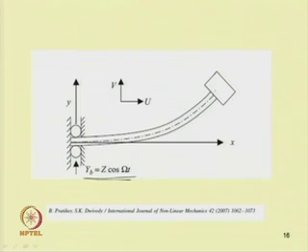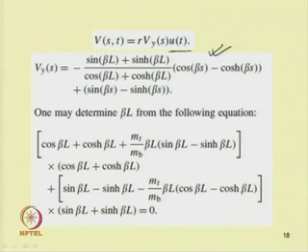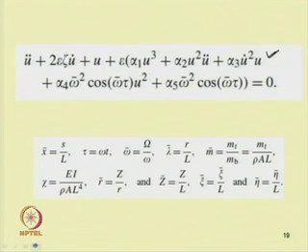As a tip mass is there, one can consider the shape function of a cantilever beam with tip mass, and this expression gives the frequency equation for beta L. So one can find this temporal equation in this way.